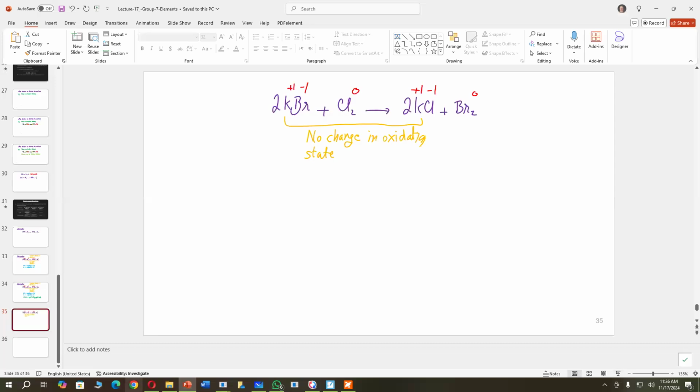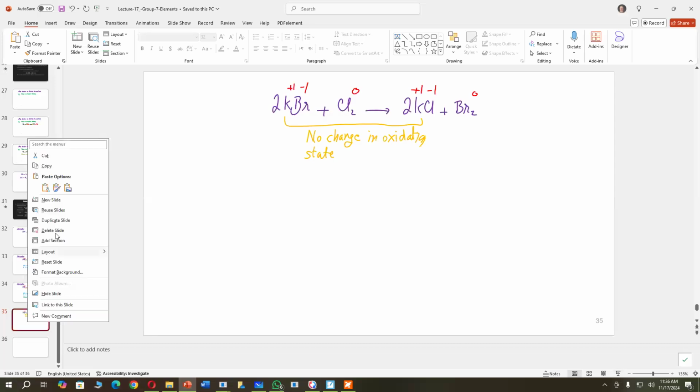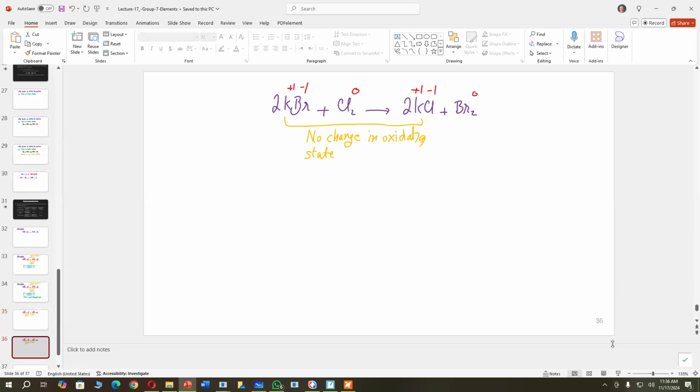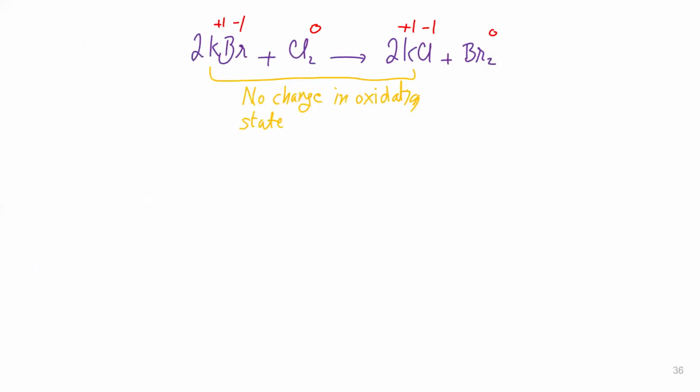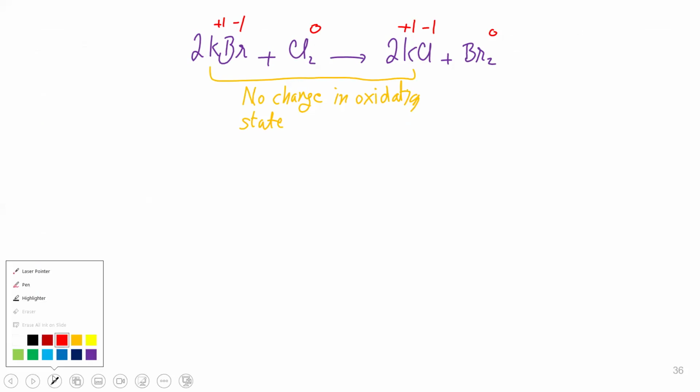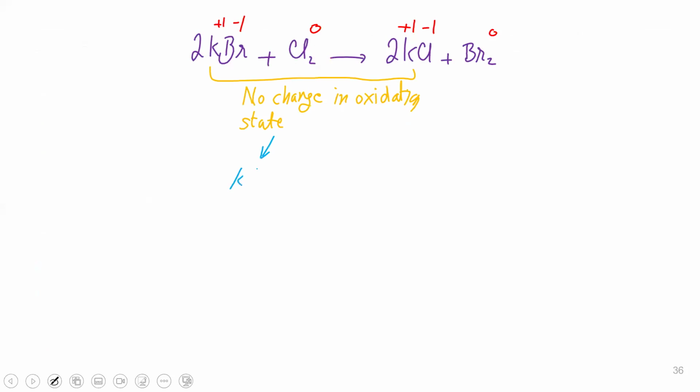When there is no change in oxidation state, K plus is, in chemistry, we call it a spectator ion.